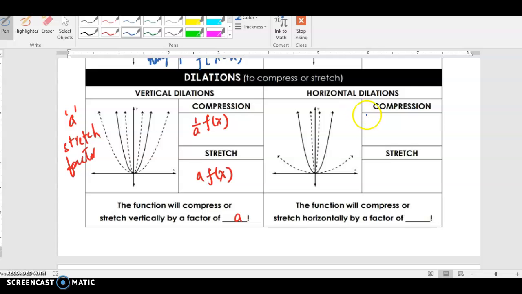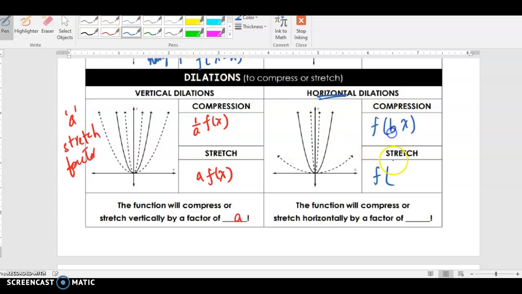And when you see a horizontal dilation, everything is happening inside. So horizontal dilation, f of 1 over b x for a stretch. This is where even Miss Madhvi gets confused. Pardon me.